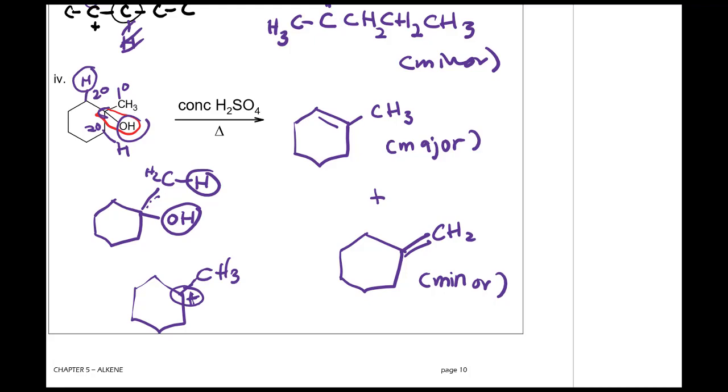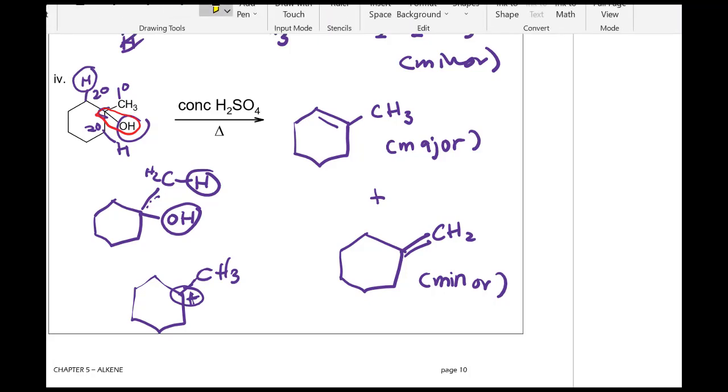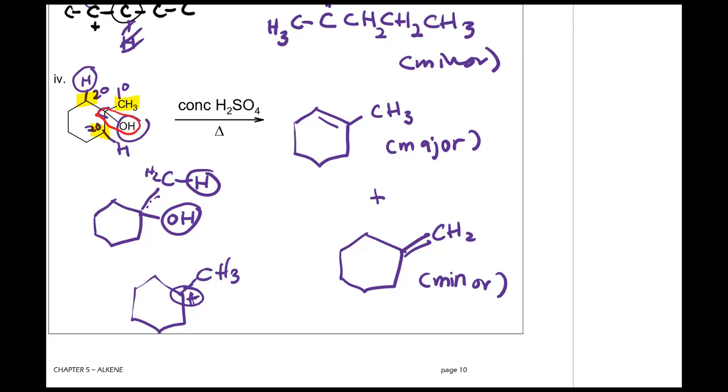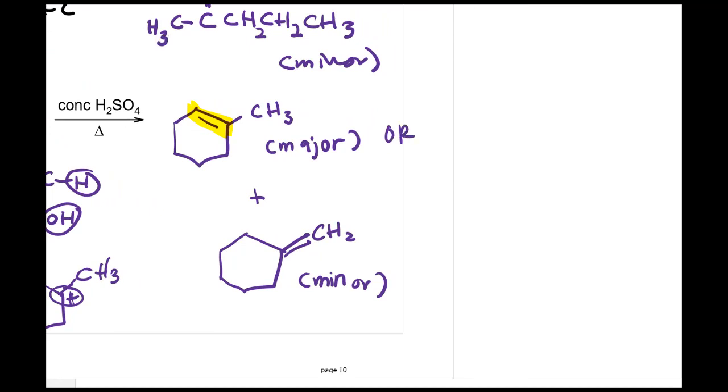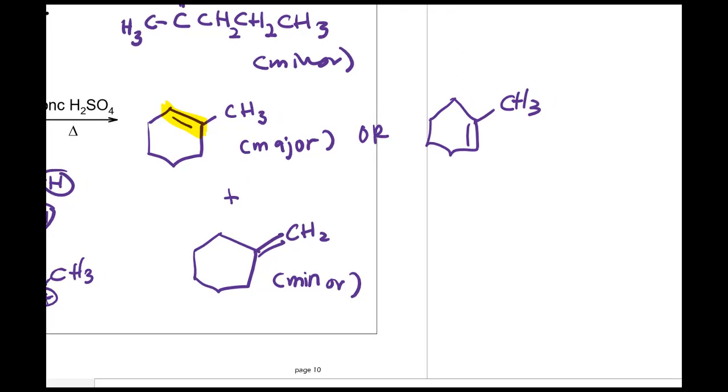This carbocation is attached to 3 carbons: this one, secondary, and primary. Remove any of the secondary hydrogens and you will get the major product. Whether you get it like that or like this, these two are actually similar. Both are major products and both have the same structure. So you only need to draw one of them.